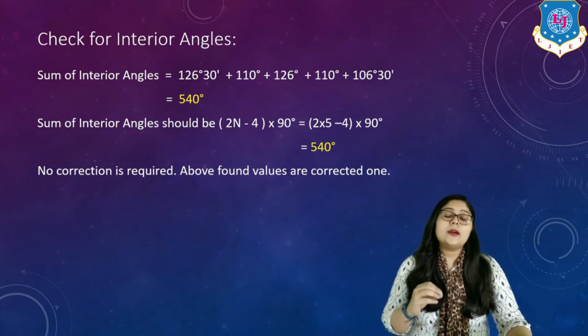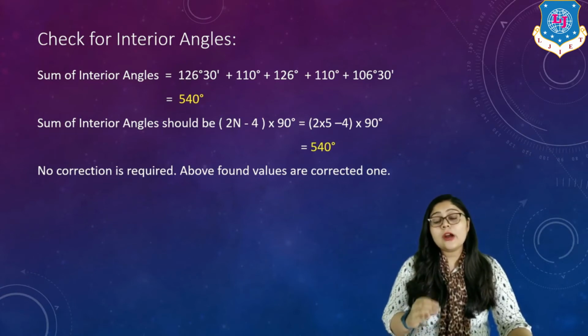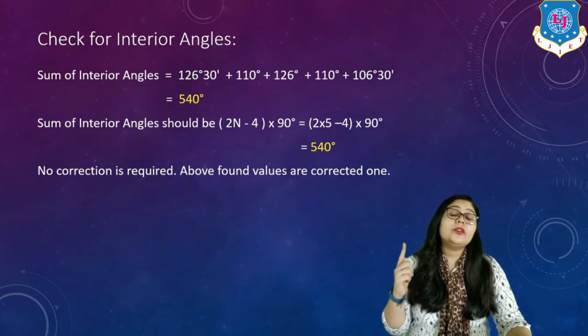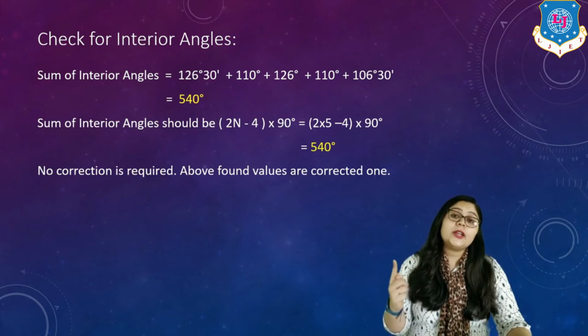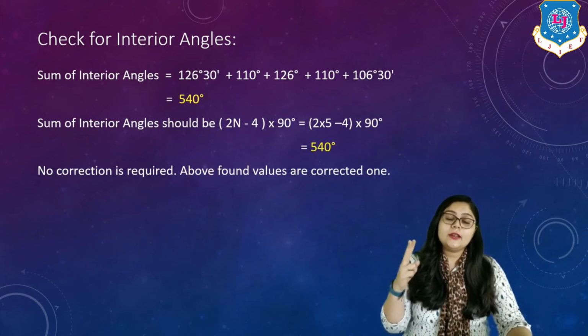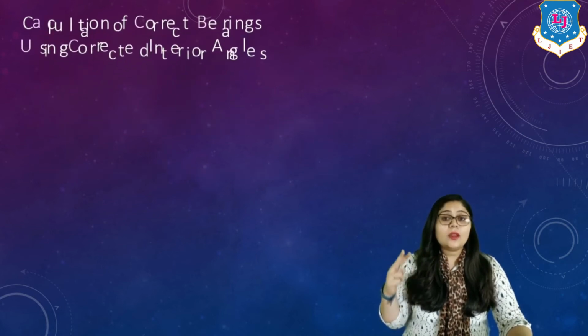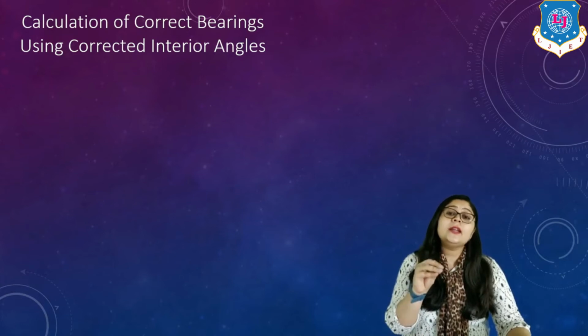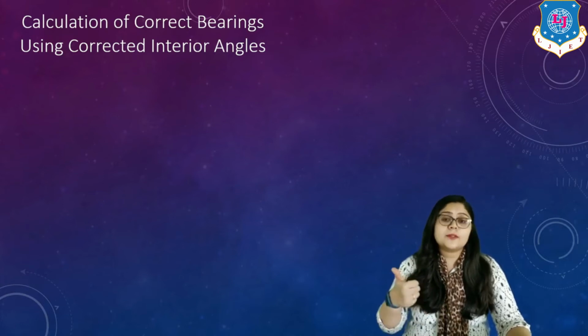The above found values are the corrected ones. So till now you have completed 2 steps, in which the first one is you have identified the stations which are affected by local attraction, and second you have identified the interior angles, right? Now we do the calculation for correct bearing using the corrected interior angles, right? The first method.